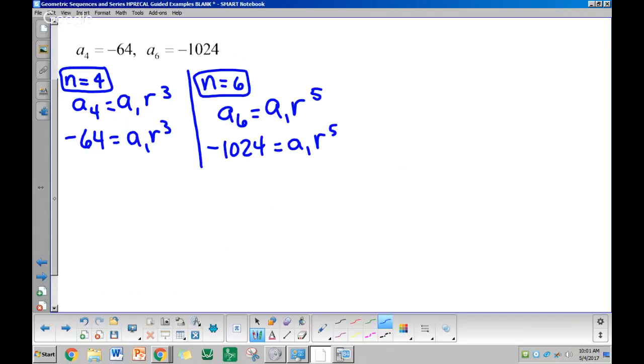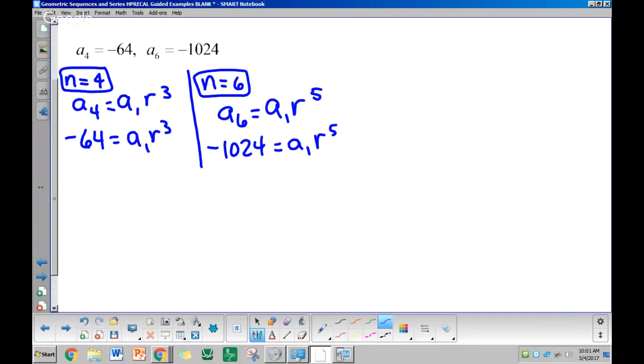Sadly, no. It's an exponential system, and you can't solve exponential systems with linear combination. You can use substitution, but I like Anna's idea, which was to divide them.